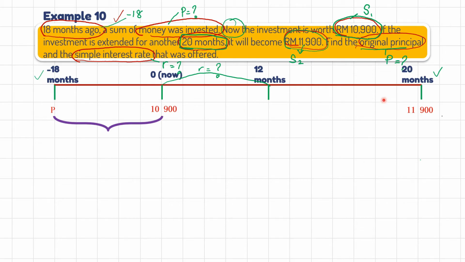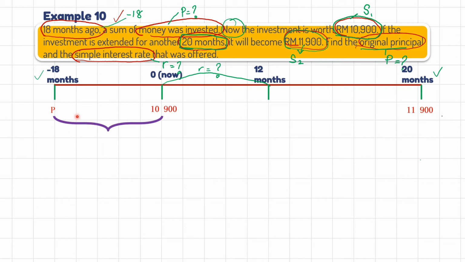Meanwhile, 11,900 ringgit we will write at 20 months, because the statement says that if the investment is extended for another 20 months, it will become 11,900 ringgit.